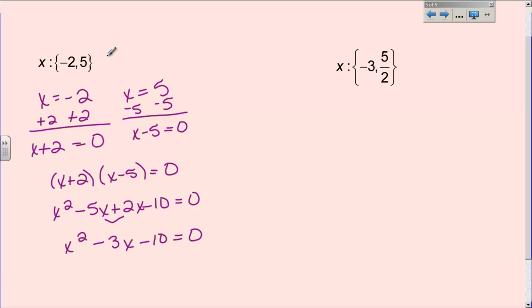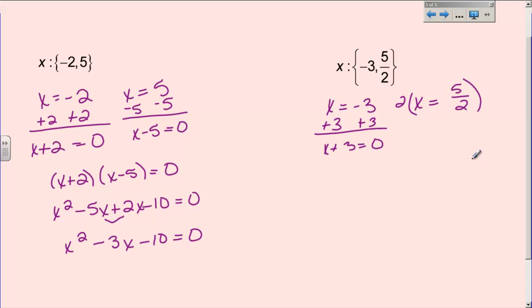So let's do one more example. We'll do another one. I have right here x equals negative 3, and I have x equals 5 over 2. This one's pretty simple. You end up adding 3 to both sides so that you have x plus 3 is 0. This one is a little bit different because you have this fraction. In order to clear the fraction, remember that we start by multiplying everything by the denominator.